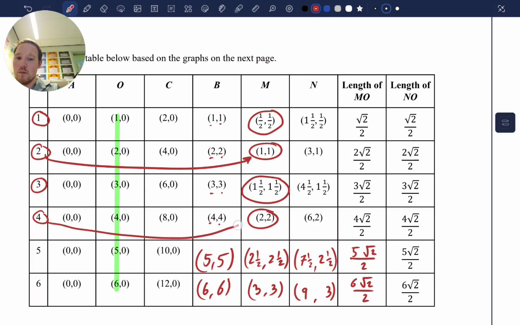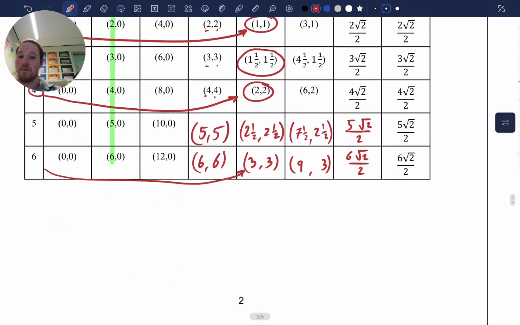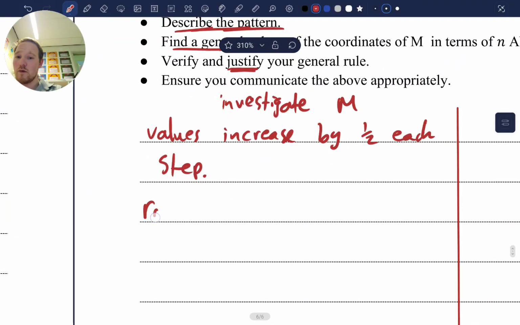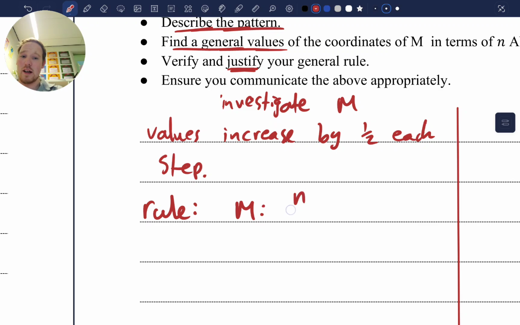A 4 becomes a 2. A 6 becomes a 3. So we're halving my n value. So the rule would be m is given by half of n. That's the m coordinates. That's my rule for the m coordinates, n over 2 and n over 2.